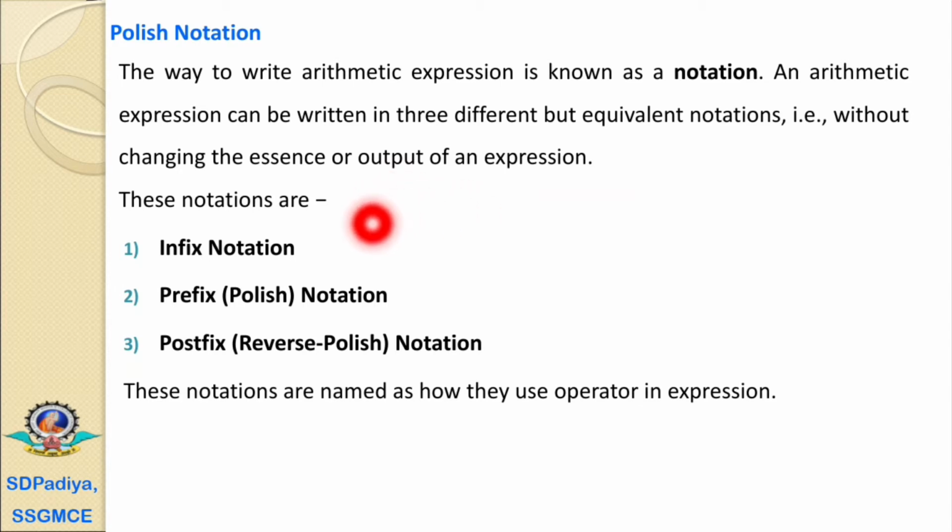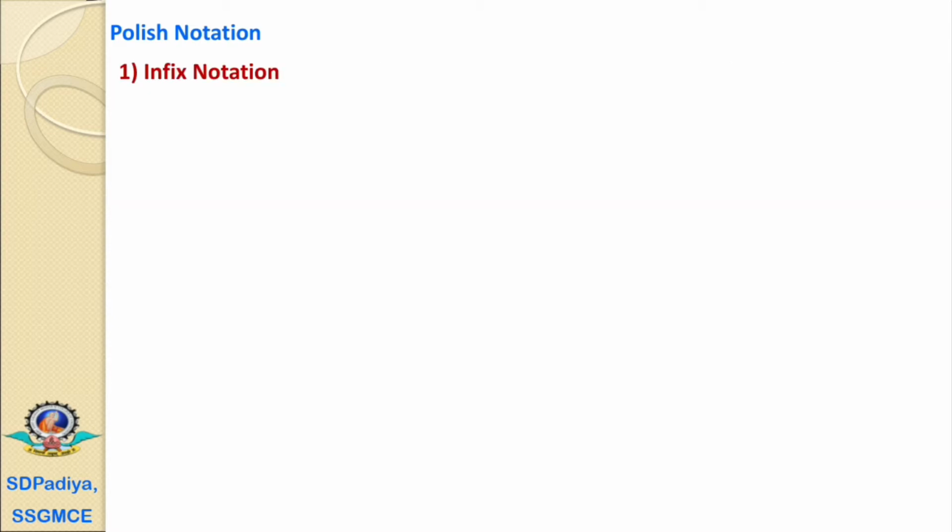These notations are the infix notation, the prefix notation, also called the Polish notation, and the third is the postfix notation, also called the reverse Polish notation. These notations are named after how they use the operator in the expression. In any expression, we use operators and operands.